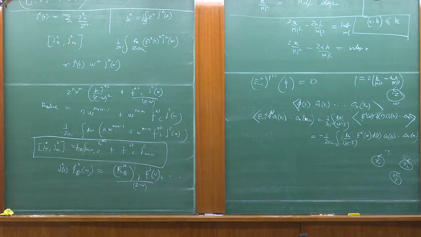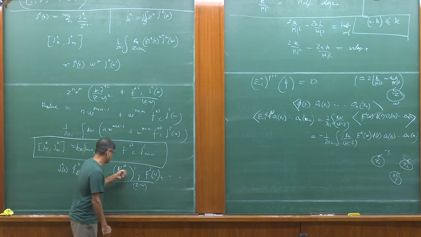So what we do is we use the action of E on, let's say, O of Z1. We act our E on O of Z1 and we get something like this.